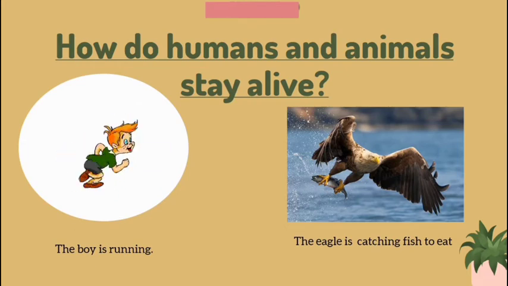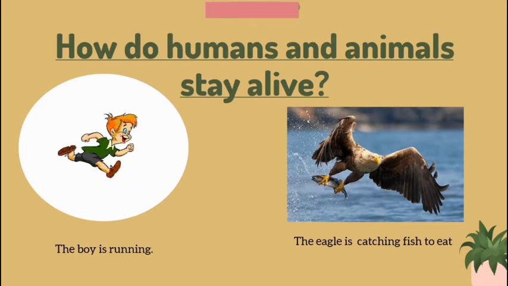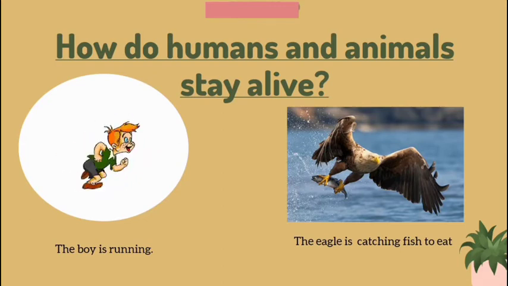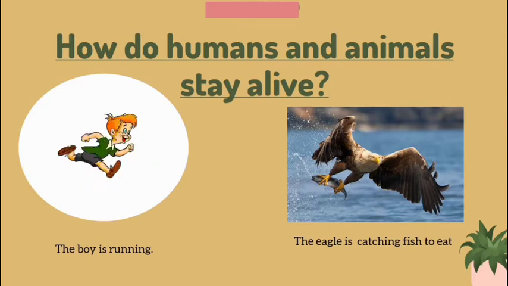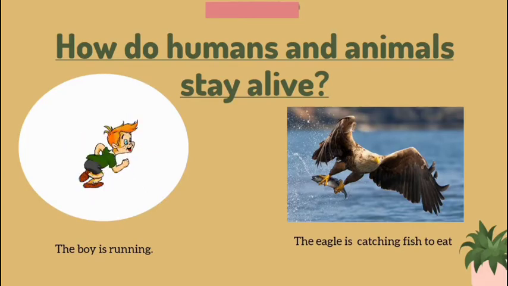So, by seeing this, we know that living things need some life processes to keep them healthy and stay alive. But not only two life processes, not only moving and eating, they also need five more life processes.